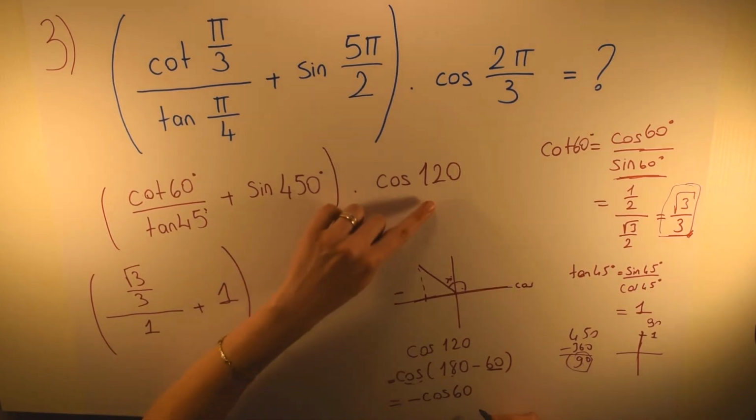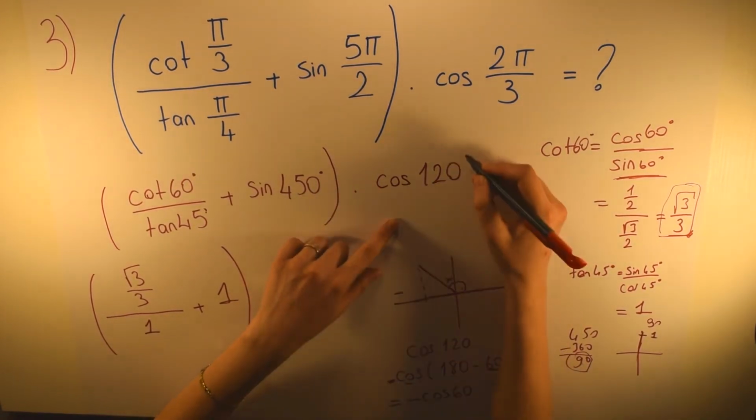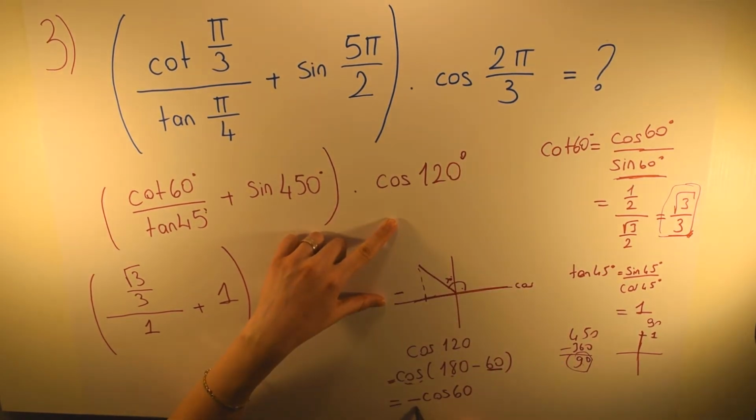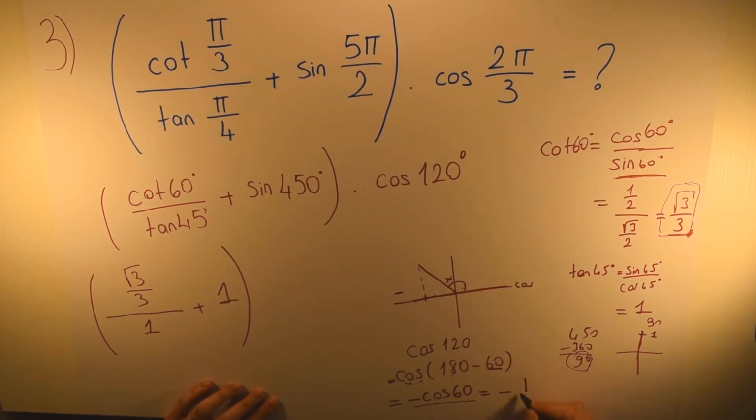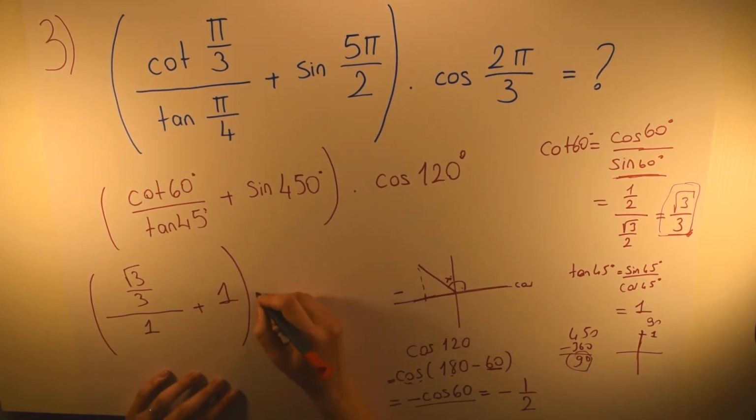So instead of cosine 120 degrees, I can use the value of minus cosine 60 degrees. I know that cosine 60 is equal to 1 over 2. So here we will get minus 1 over 2. So let's write it here. Sorry, it's minus 1 over 2.